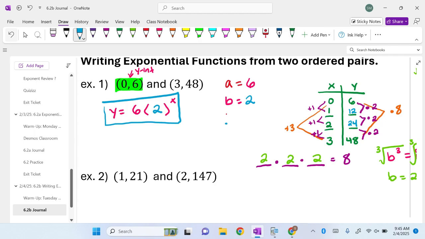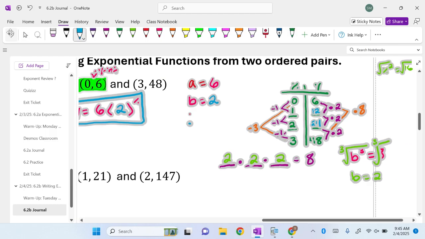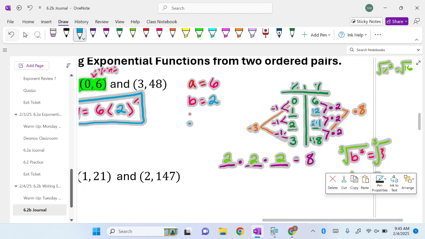So in other words, if we're adding 3 to get from 0 to 3, that means we're going up 3 steps, which if you look over here, what we multiply to get from 6 to 48 is 8. But since we went up in an increment of 3, that means we need the other numbers. So we have to take the cube root of this number that we get from multiplying 6 to 48.